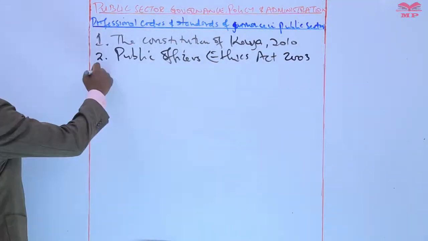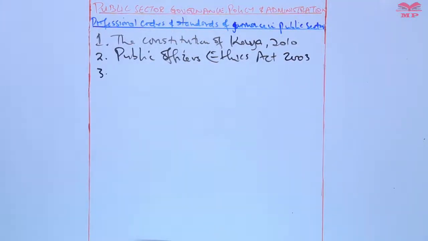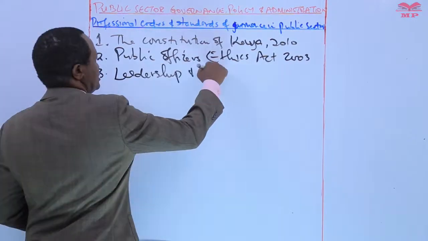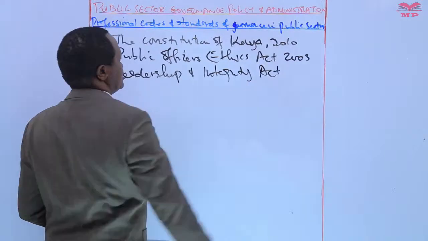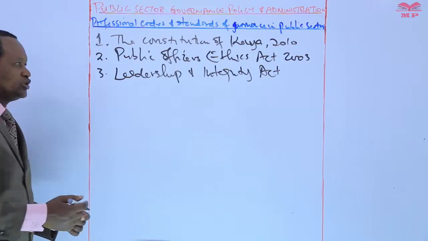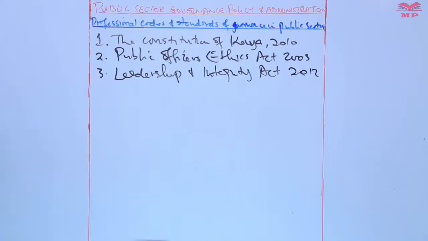Number 3 is the Leadership and Integrity Act. The Leadership and Integrity Act that was enacted in 2012 is an act of parliament that establishes the legal framework for promoting ethical leadership and integrity in the public service.